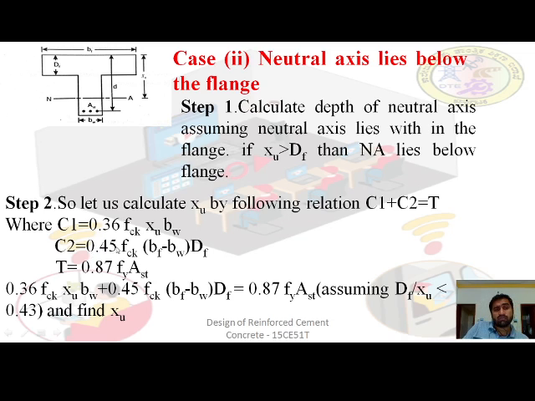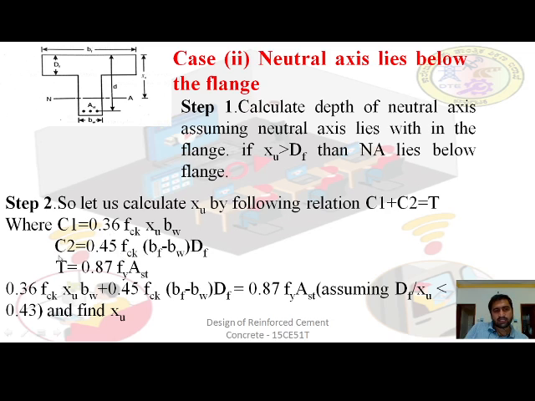C2 is the compression force in the remaining part of the flange, because this part of the beam is already considered in C1. So the remaining flange width is BF minus BW, and that width we are going to consider over here. Here the stress will be uniform, that's why we have taken 0.45 FCK, which is the assumption: 0.45 FCK times BF minus BW into the depth of the flange.